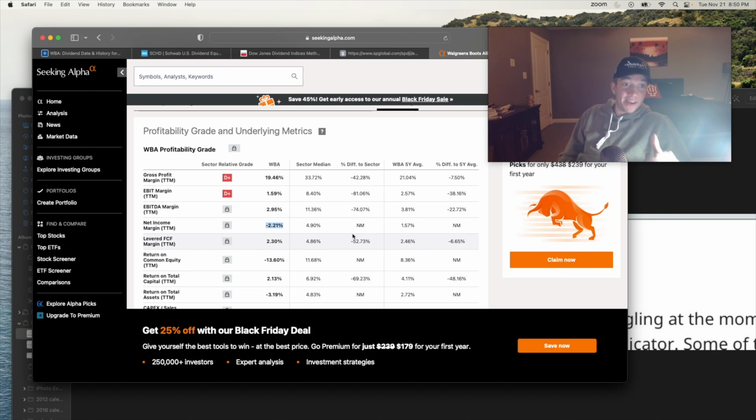Okay, guys, I want a company that's going to have some leeway in terms of margins, that's going to be able to be profitable, regardless if there's supply chain issues, if there's a little more theft than anticipated. And with Walgreens immediately seeing such a small margin, for me, I'm not interested. I'm simply not.